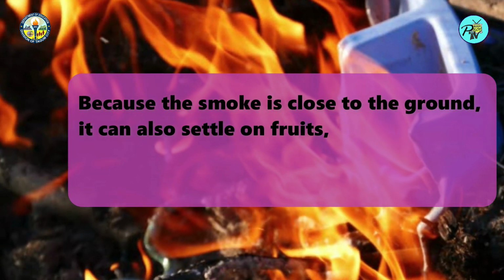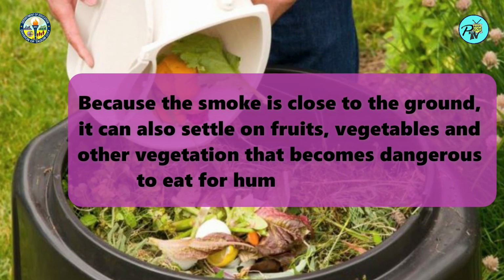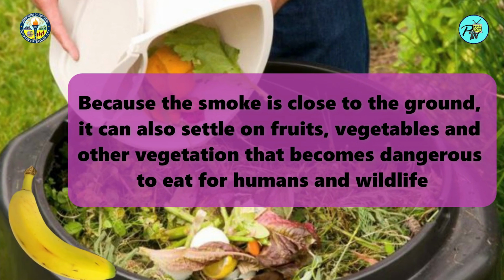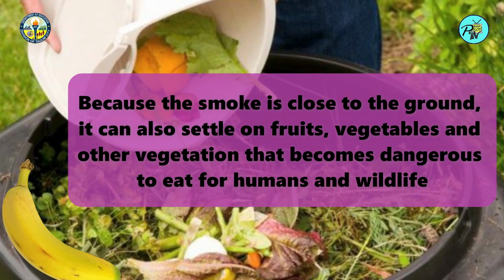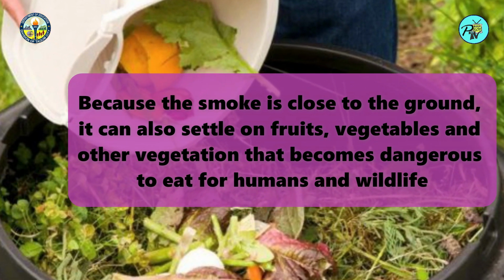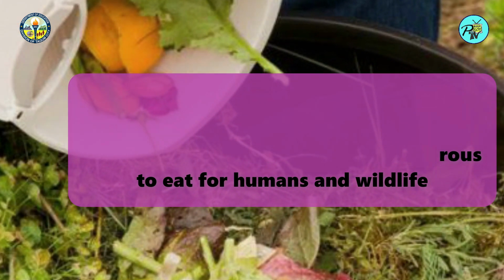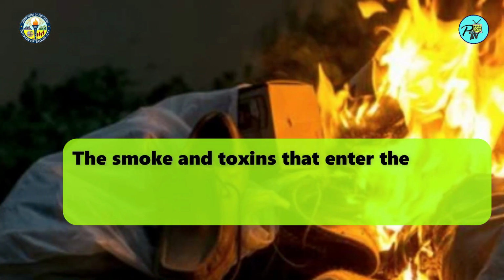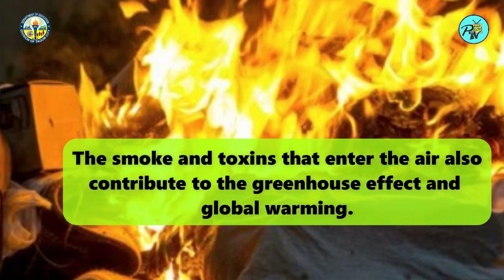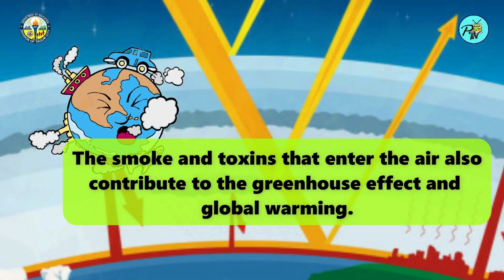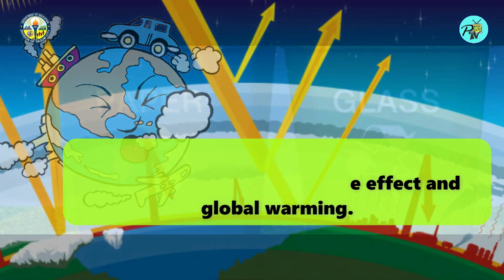Because the smoke is close to the ground, it can also settle on fruits, vegetables, and other vegetation that become dangerous to eat for humans and wildlife. The smoke and toxins that enter the air also contribute to the greenhouse effect and global warming.